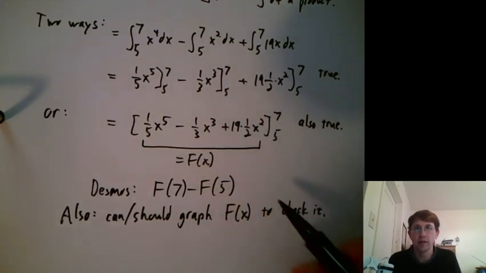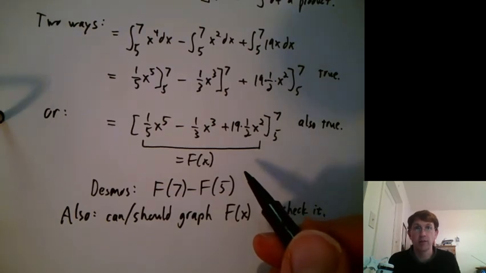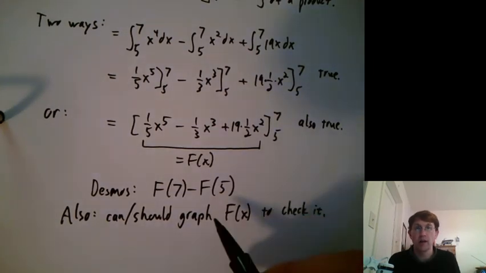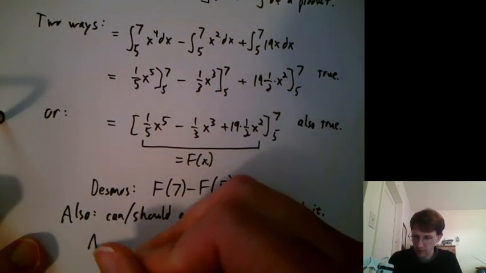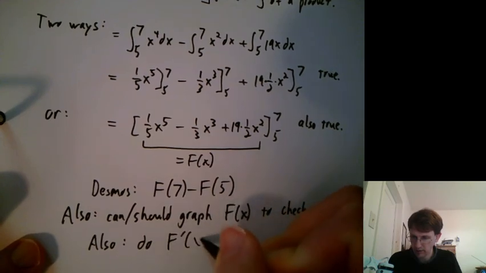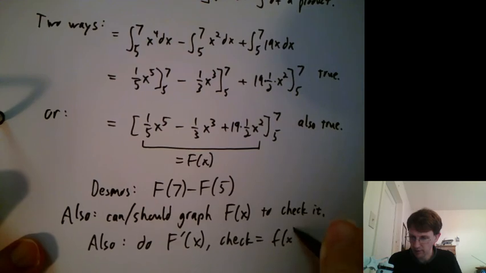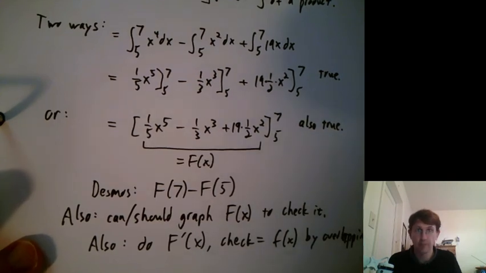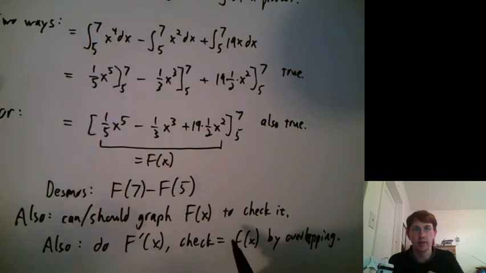This isn't an application, but in real applications, we might want to see the real cumulative change so far function. And so you want to do that all as one piece. And then we can also do f prime of x and check that it's equal to f of x by overlapping. I mean, click the f prime on and off and see that it overlaps big F.